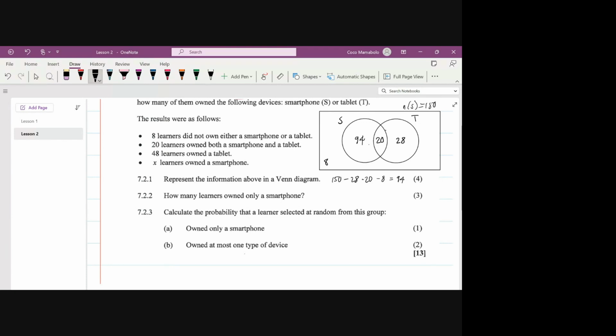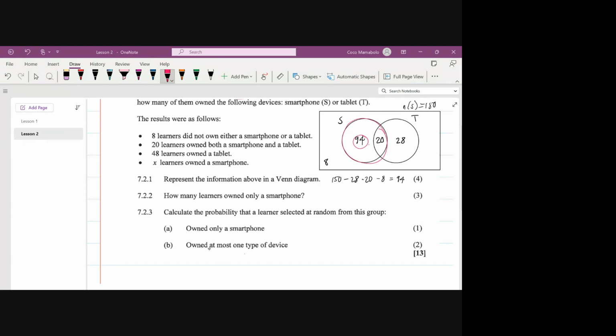If we add all of these numbers up in here, they must give us 150. So you cannot then take that 94. Sorry, let me just double check my calculations. Correct. You cannot then say 94 own a smartphone and then minus 20 from that, because if you do that, your number is going to come out as 130 and not 150.